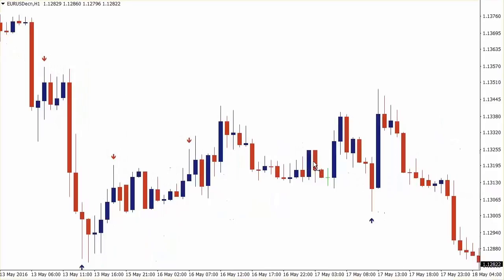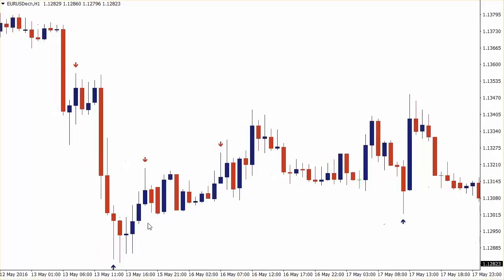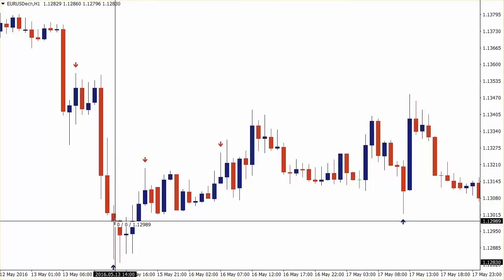So where are we? This one here was a loser. This one here may have been a break even. Over here we get a nice one. We almost get a double price flip over here. So that one almost got stopped out, but what are we talking about? It went 16 pips against us.